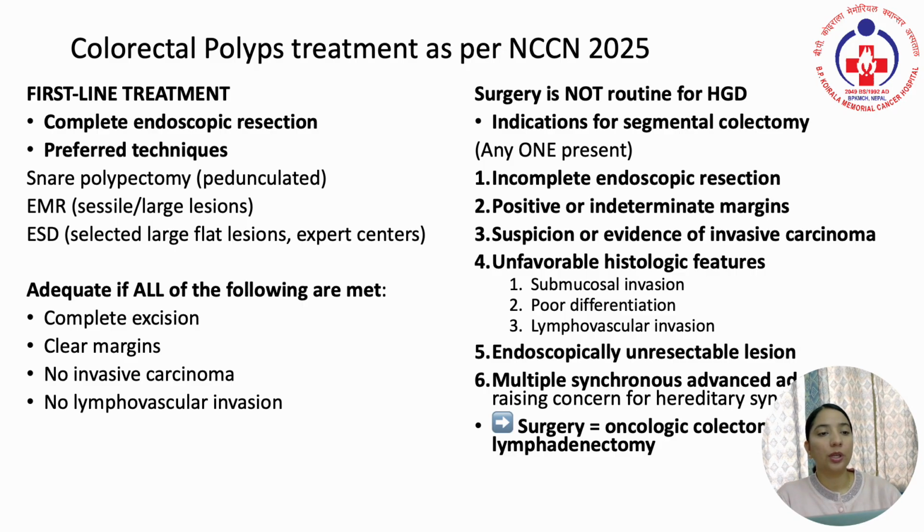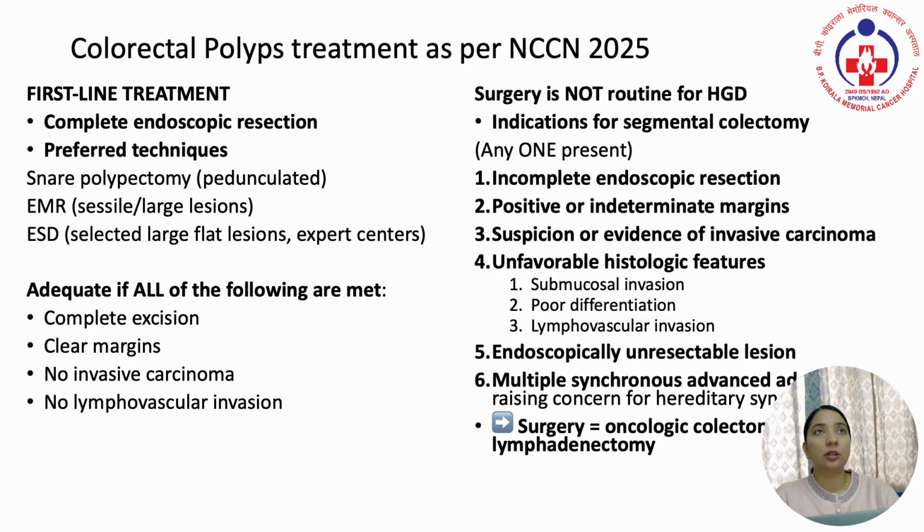The cases in which we do not go for endoscopic resection but prefer surgery are: incomplete endoscopic resection, positive or indeterminate margins, any suspicion or evidence of invasive carcinoma, and unfavorable histologic features like submucosal invasion, poor differentiation, or lymphovascular invasion.